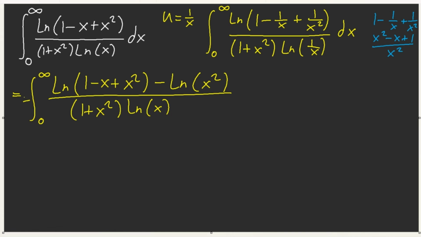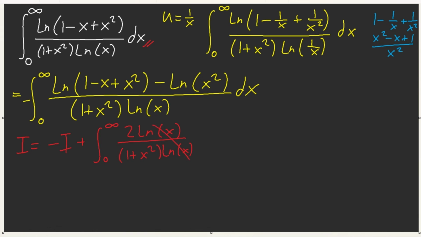Again, we have the negative here. Ah, this is awesome, because when we let this equal I, this is technically negative I. So what we have is I equals negative I plus, the negative cancels out, the integral from 0 to infinity. This is technically 2 ln of x over 1 plus x squared ln of x.